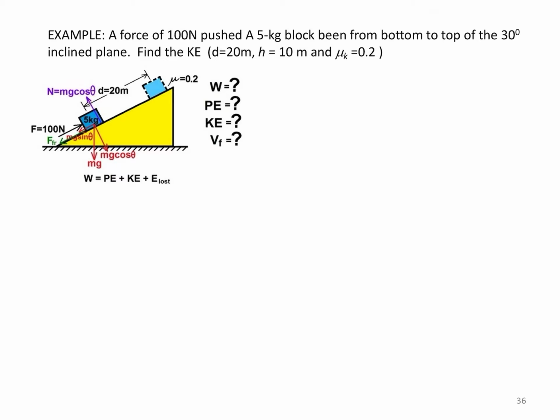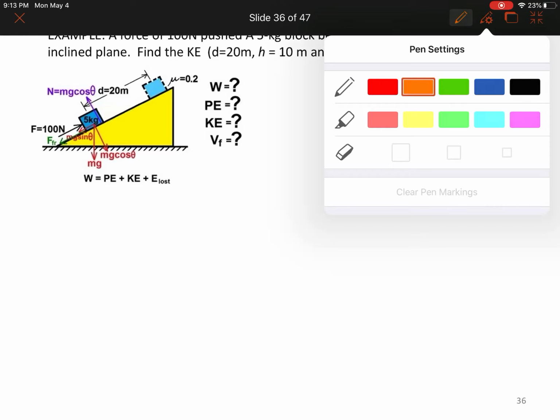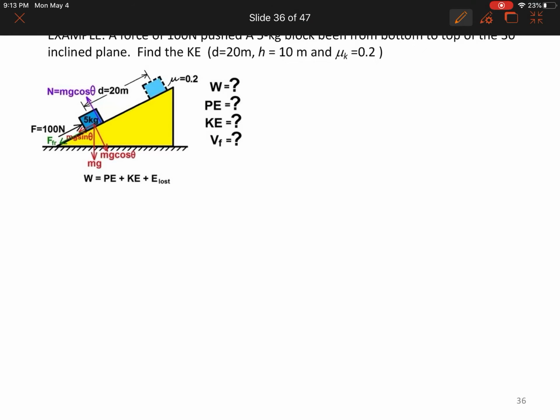Okay, so the first thing we need to do in here is find work. Remember, the block has been pushed upward, so the distance and the force are heading in the same direction. So the angle between them is 0, and work will be F D cosine theta.